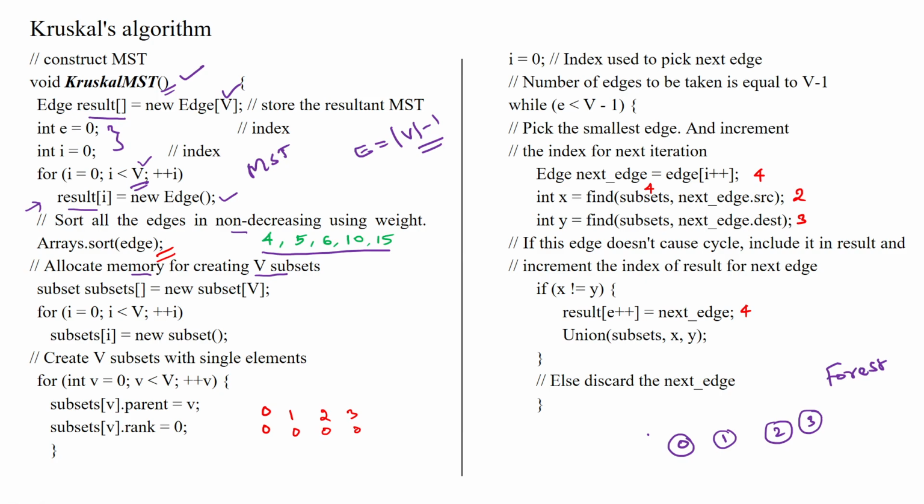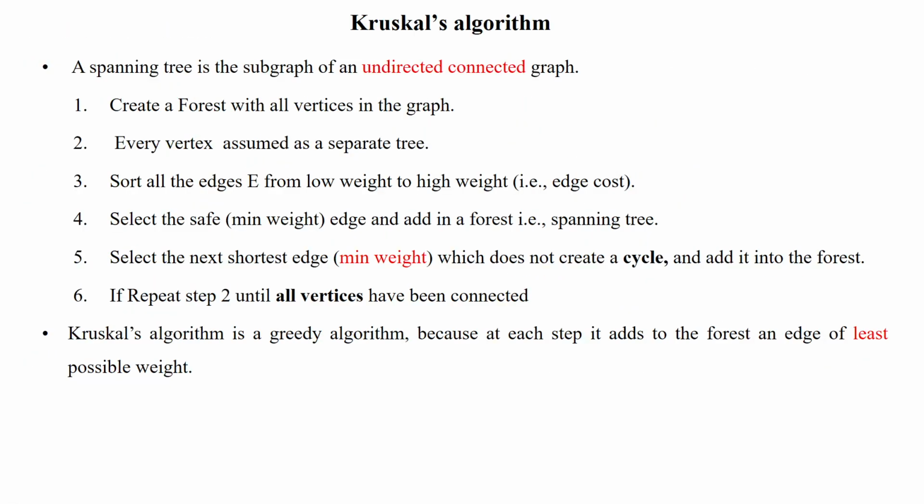So we create the forest from the set of vertices in the graph. Initially we assume each vertex is a separate tree. Then we sort all the edges from low weight to high weight, that means ascending order. Only then do we select the minimum edge one by one from the sorted edges.